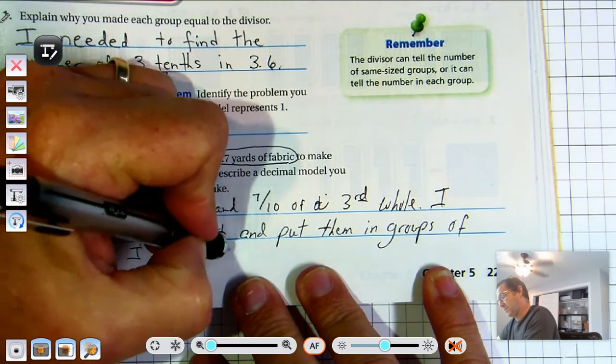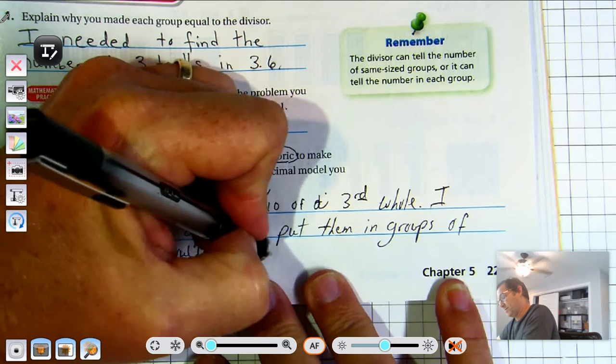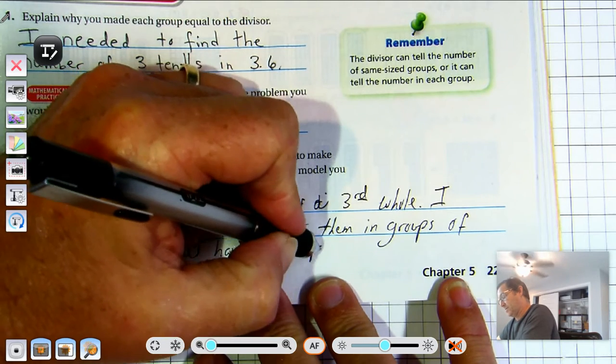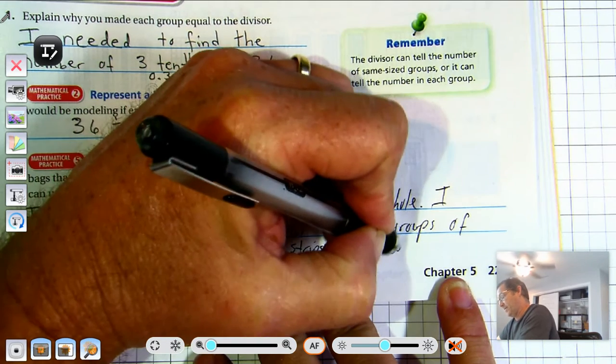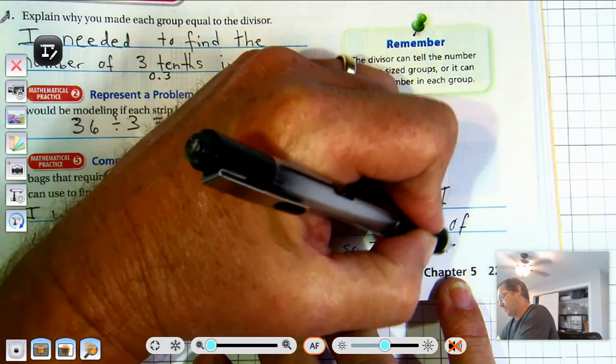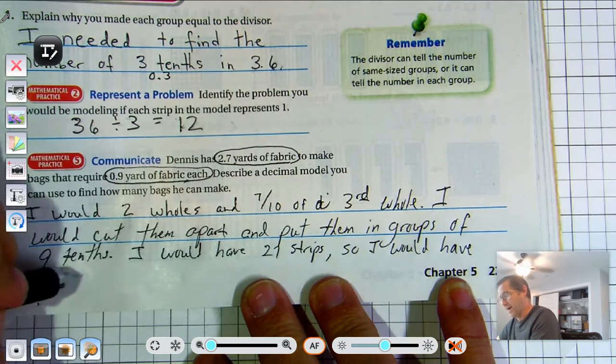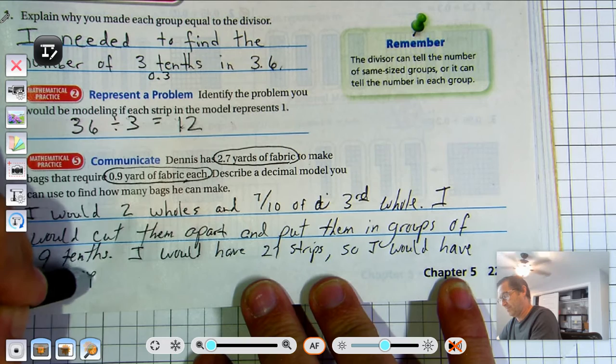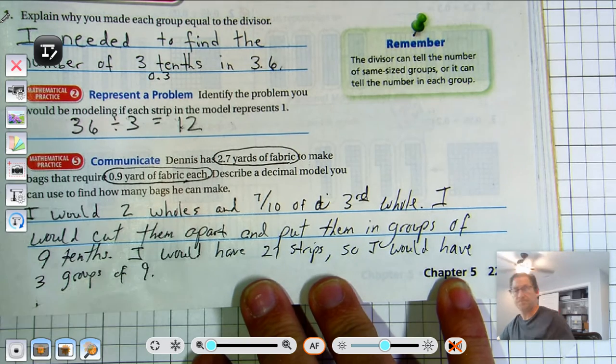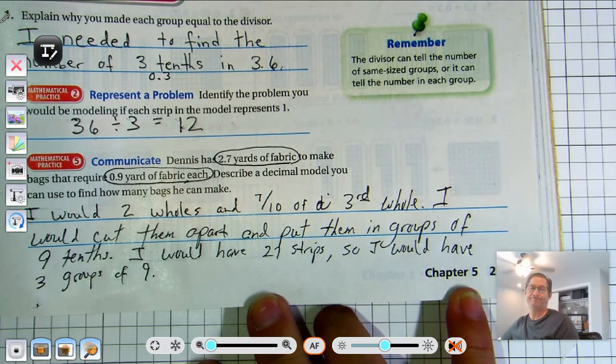I would have 27 strips. So I would have 3 groups of 9. Okay.